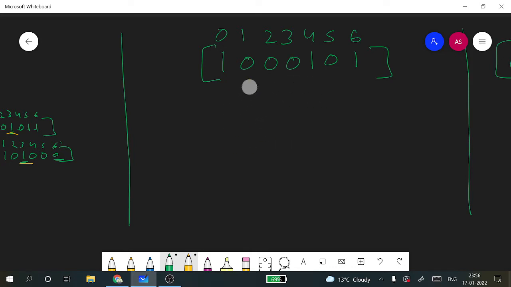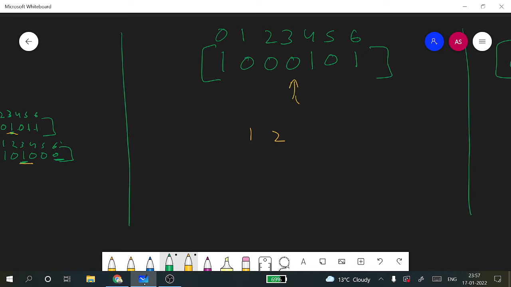So if he sits here, he gets 1 as the distance. If he sits here, then this is at a distance 2, this is at a distance 2. So the minimum of these two is 2. He gets 2 as the answer.